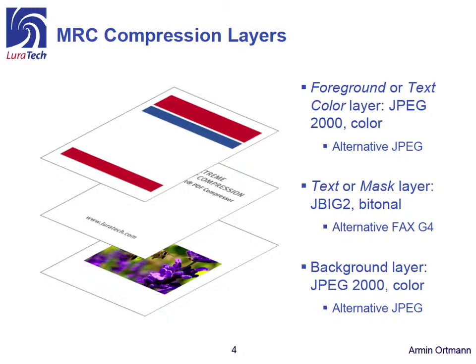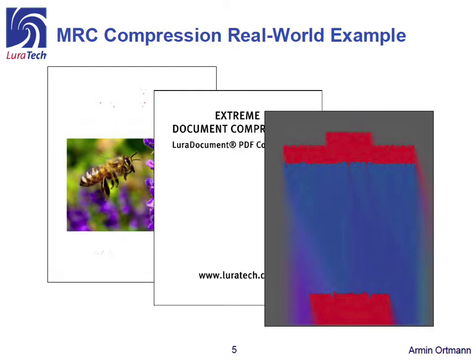Okay, just a quick real-world example. That's what those layers would really look like for that document. That's really created from our software. So you see the segmentation would leave a little residue of the characters on the background page. It would segment out the entire image.